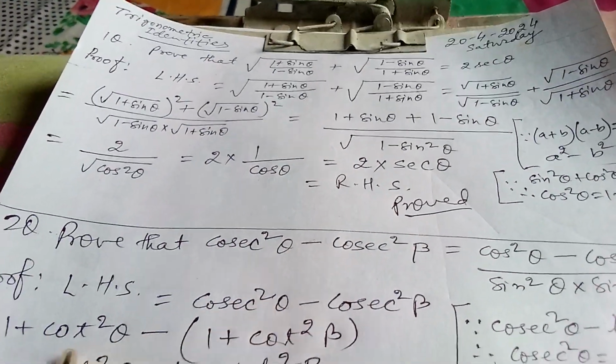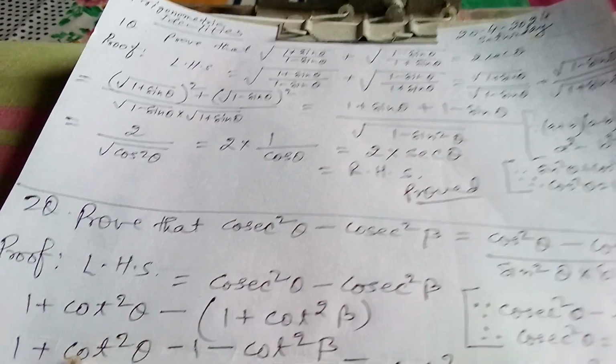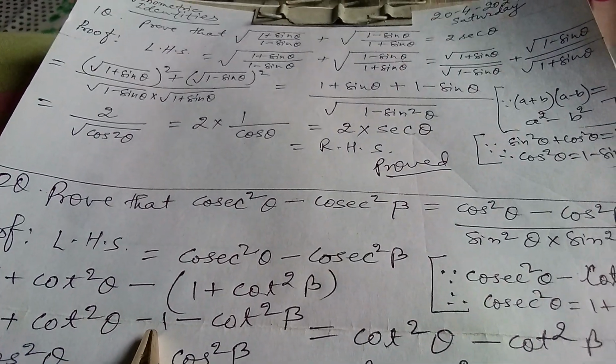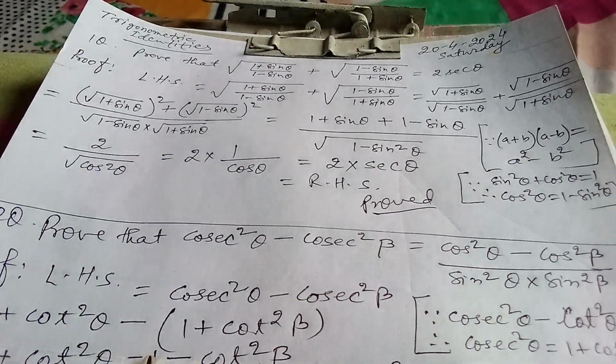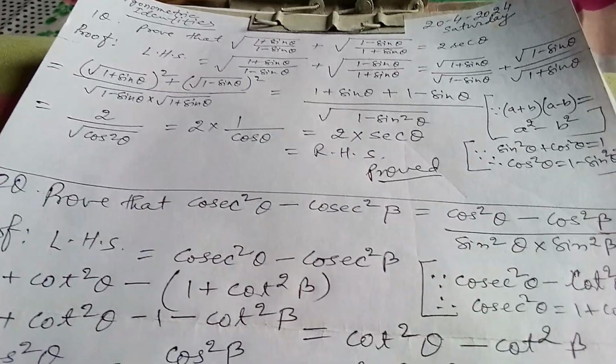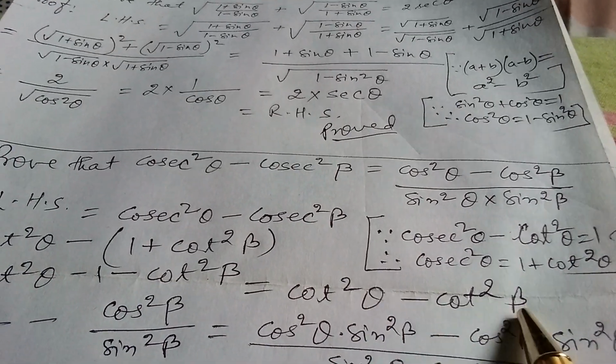So now the bracket is removed and we write 1 plus cot square theta minus 1 minus cot square beta, because minus into plus is minus, and now minus 1 and plus 1 cancel, so we are left with cot square theta minus cot square beta.